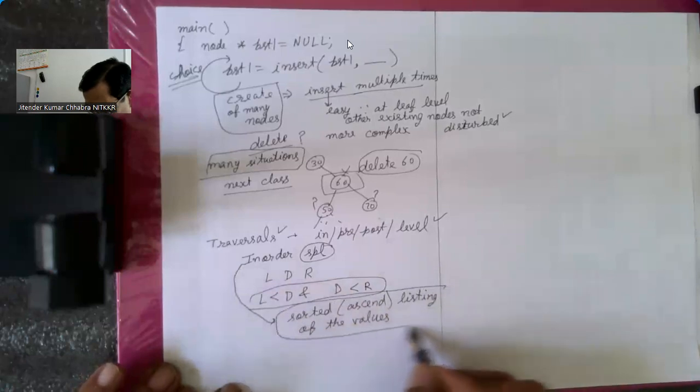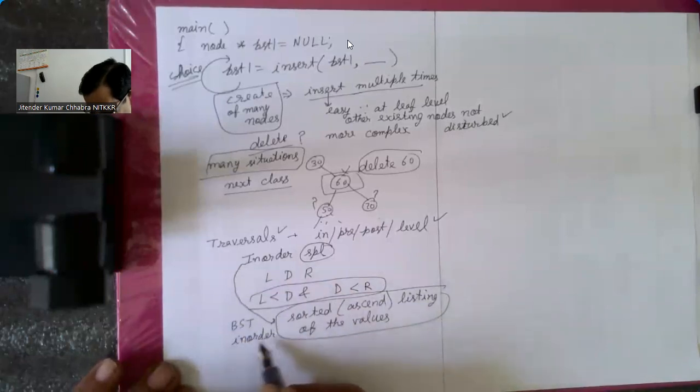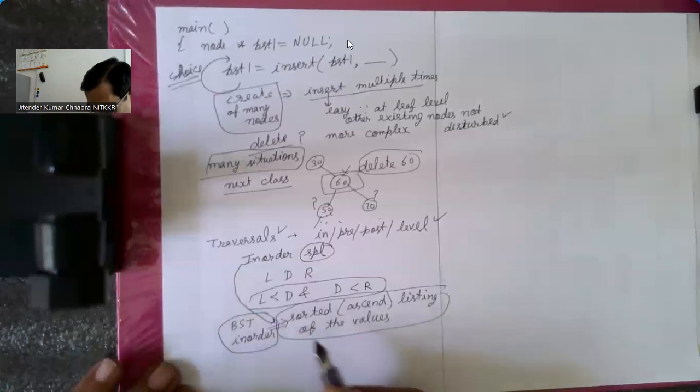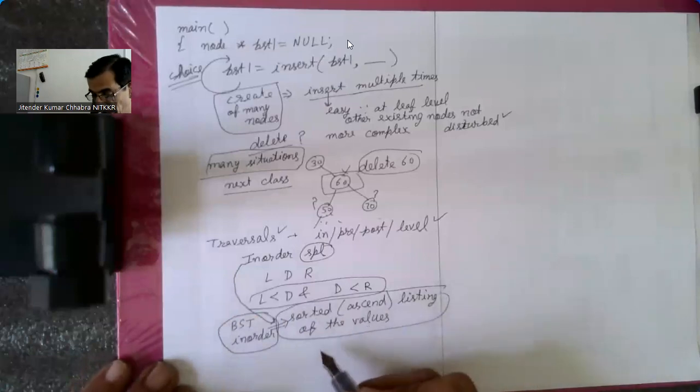So my BST in order will be quite helpful to confirm and check your results in the easiest manner: just do the in order traversal and your ascending order sorted output will be generated.